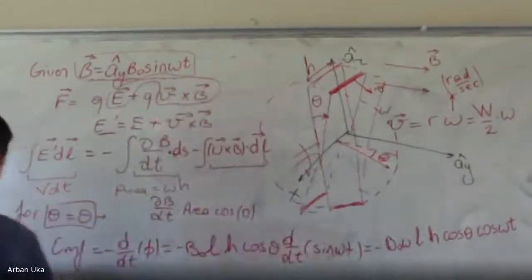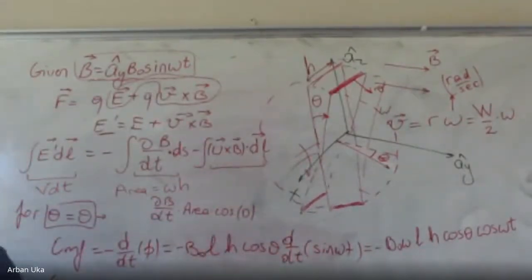And this EMF is equal to the closed line integral of V cross B dot dl, okay?